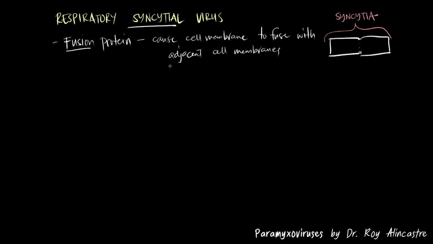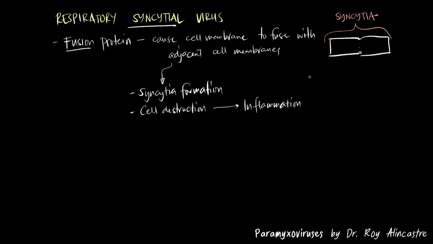While some cells form syncytia, other cells are also destroyed due to the virus hijacking their systems. Of course, this promotes inflammation, causing swelling and increased mucus production. This is particularly dangerous in children, whose airways are already narrower in the first place, resulting in respiratory distress in patients.